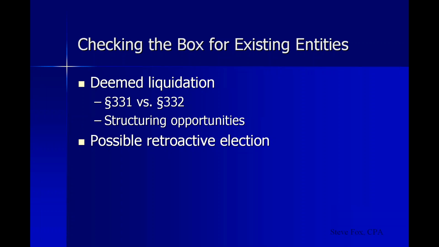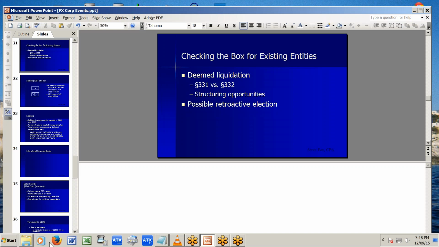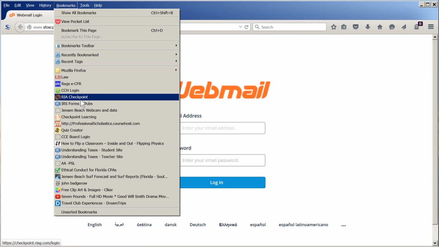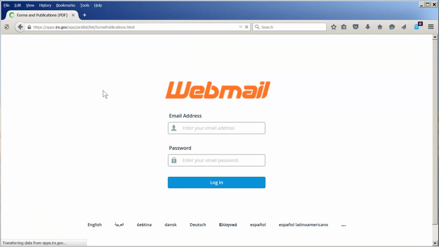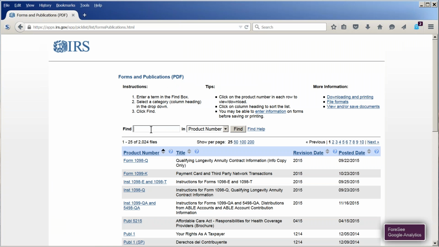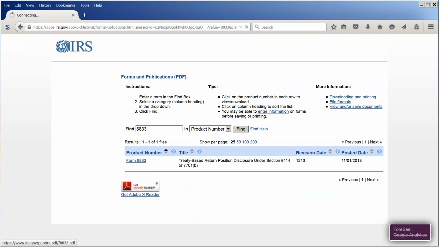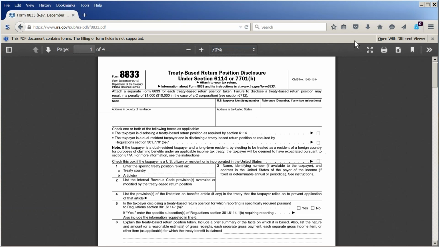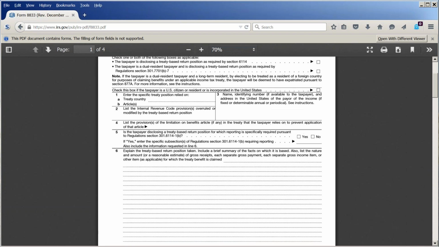Now, I would ask that each of you pull up Form 8833, and let's just go ahead and do that now so you can have a look at one of those. It's not a real tough form. Not a real tough form.